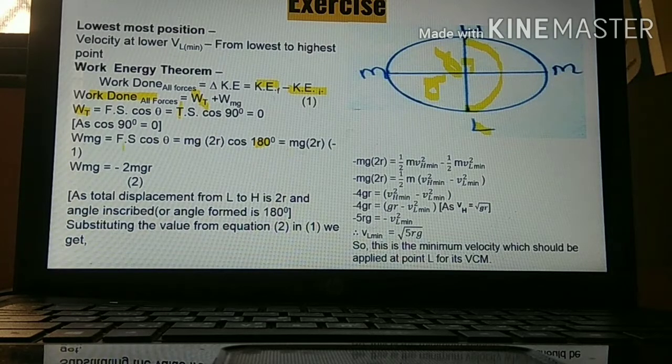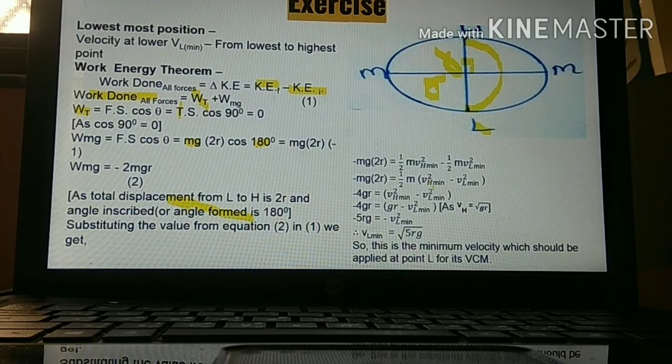So mgh, you might be knowing work done due to potential energy is mgh. mg we have written as it is. h means what? What is the height? That is 2r. Cos theta, in place of cos theta we will take 180, and cos 180 is minus 1. So we can write work done is equal to minus 2mgr.